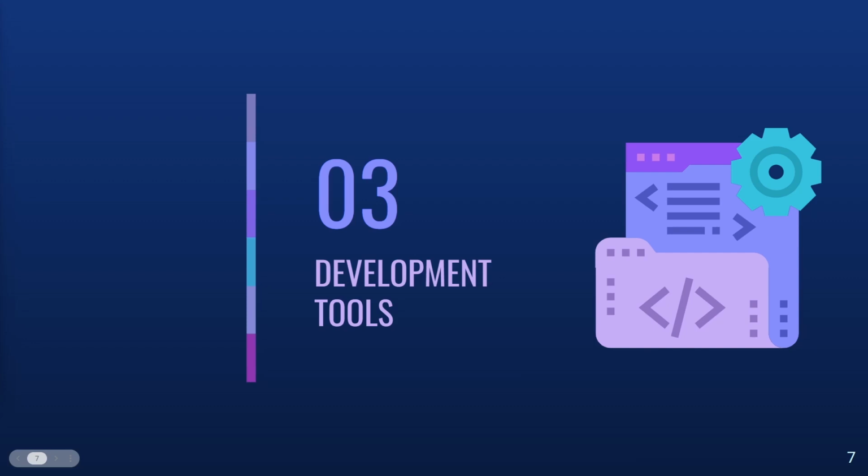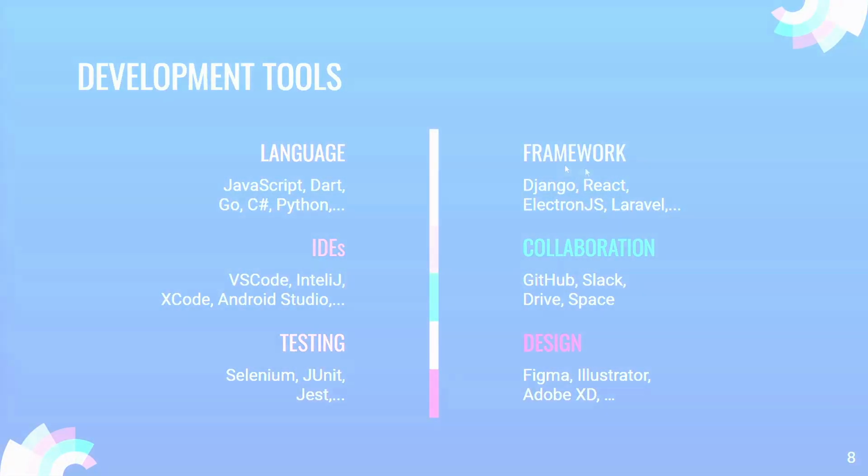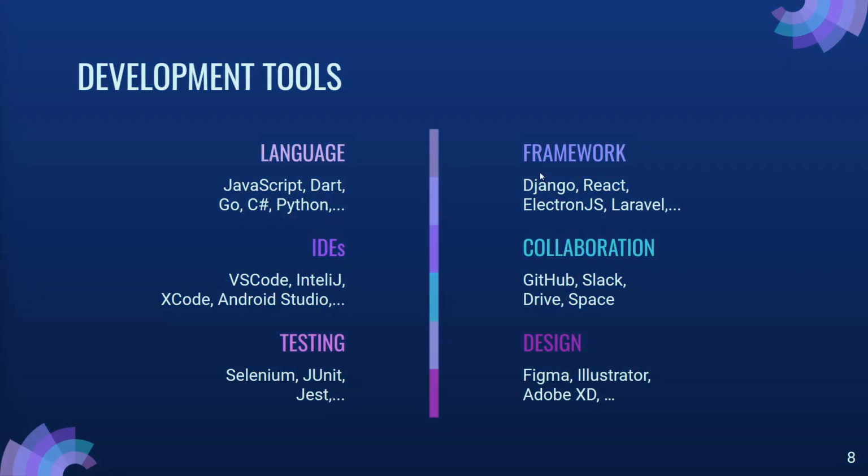Next, we will discuss the development tools that you could use. You could use various languages like JavaScript, Dart for mobile development, C# for games, Python. You could also use frameworks that will make it easier like Django, React, and Electron.js.